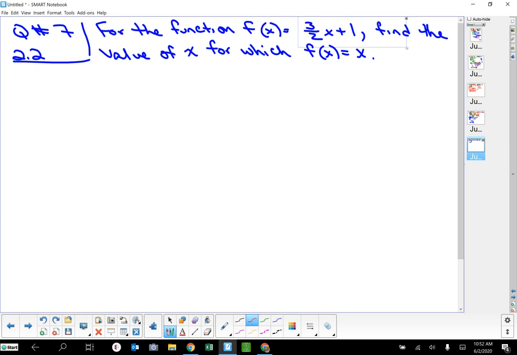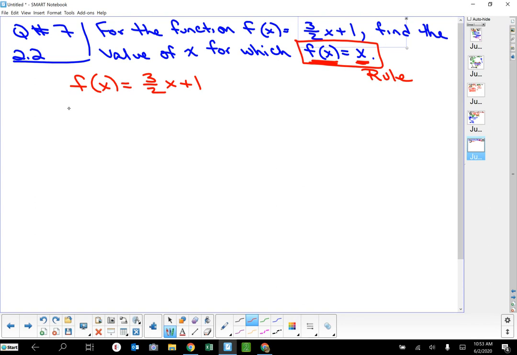And so what's happening here? This is actually really fairly easy. This is a rule, and it's saying f of x is equal to the letter x. Well, we know from this problem, f of x is 3/2 x plus 1.